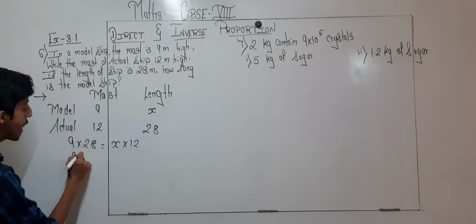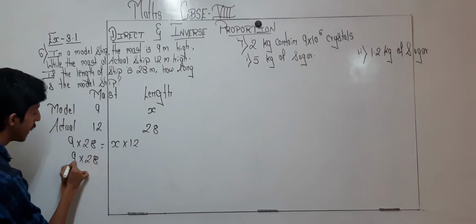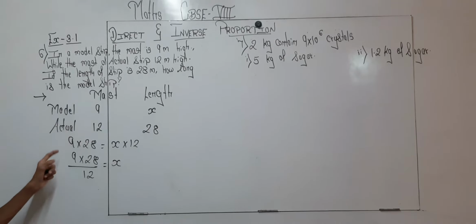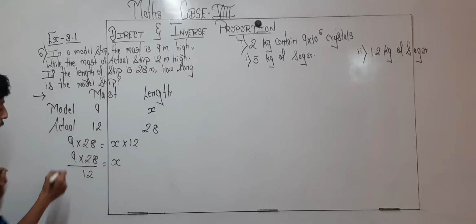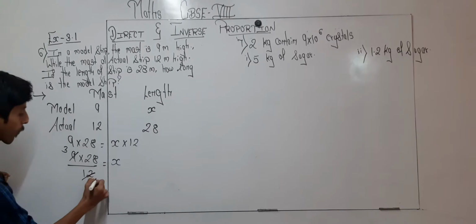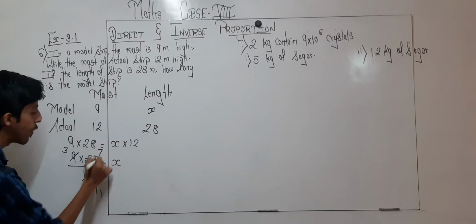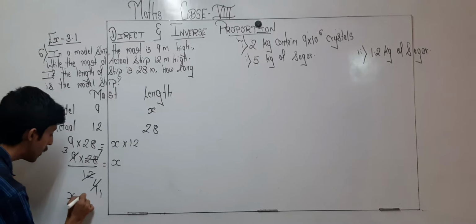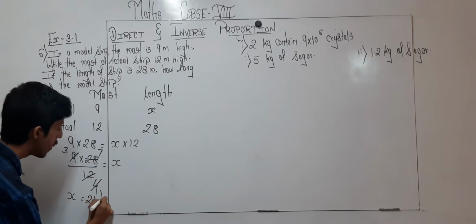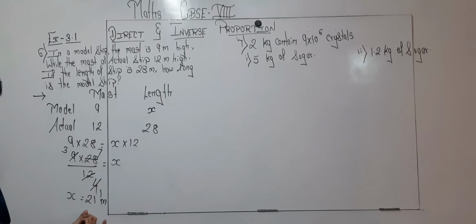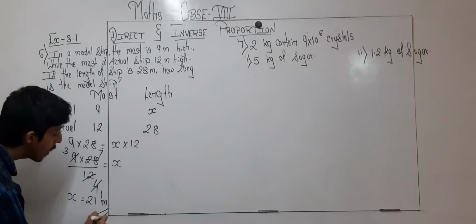So 9 multiplied by 28 divided by 12 is equal to x. Now 9 and 12 are in the table of 3. So I am cutting over here: 3 and 4, and 4 sevens are 28. So 3 into 7, that is my x value, is equal to 21 meter. That is my model ship length, 21 meter.